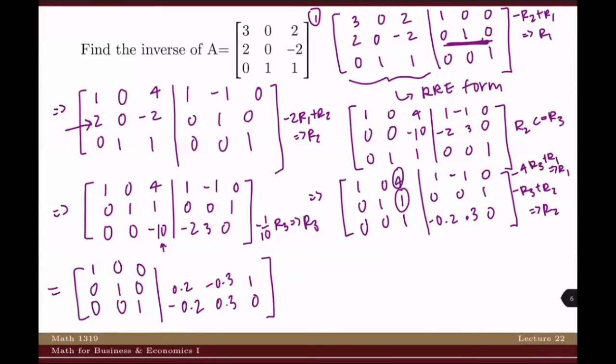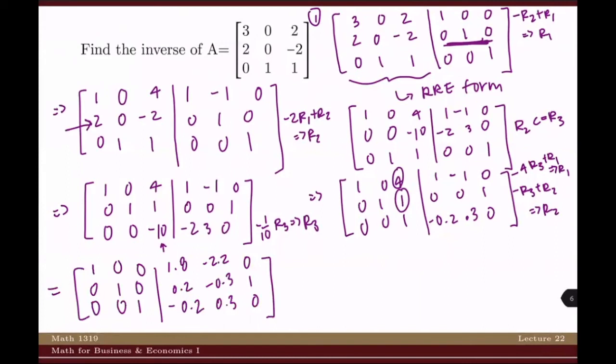And then we're adding that 1, so we get 1.8. And then we'll have negative 4 times 0.3, which is going to be negative 1.2. Negative 1.2 minus 1 is going to be negative 2.2. And then in the last column, we just have zeros.